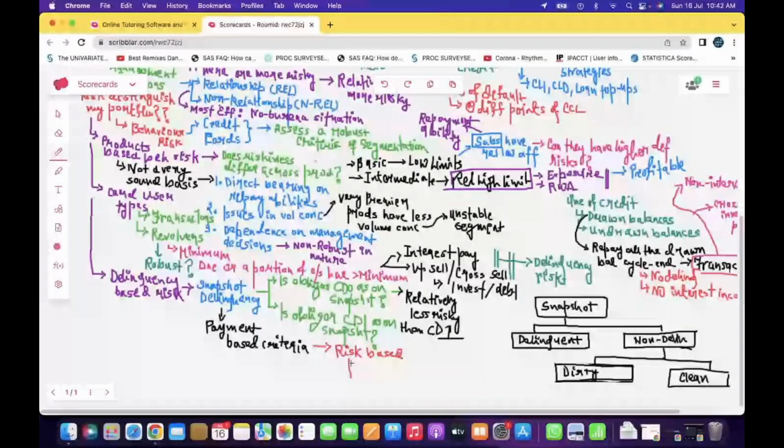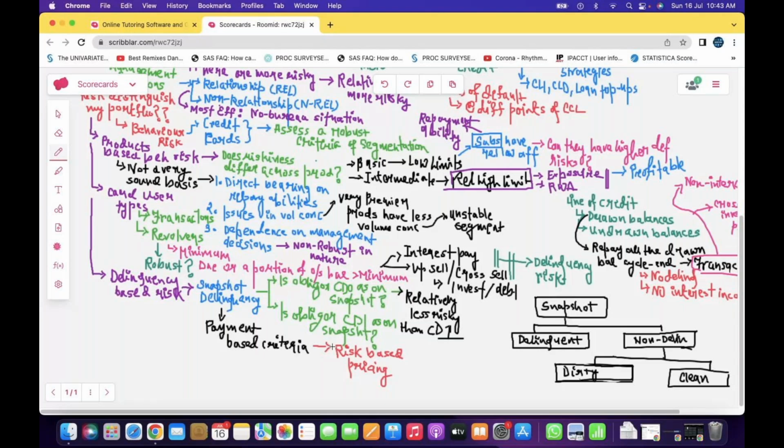So borrowers who are delinquent as on a given snapshot and are asking, let's say, for a credit limit increase or decrease, or a card upgrade, or new facilities to be added to the card, will be given it at a higher rate of interest.